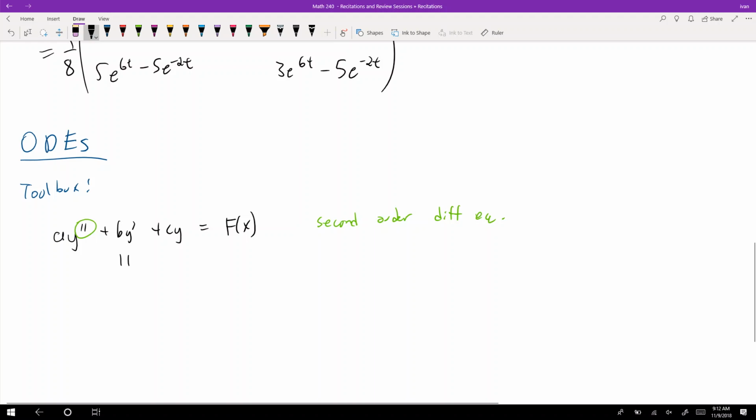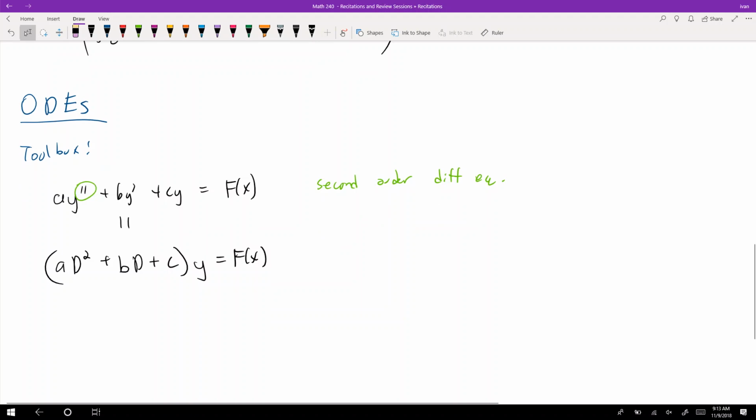We can write this analogously as A D squared plus B D, that looks like a 6, but it's a B, plus C, applied to y, is equal to f of x. So what is D? D is the derivative operator, or the derivative map.